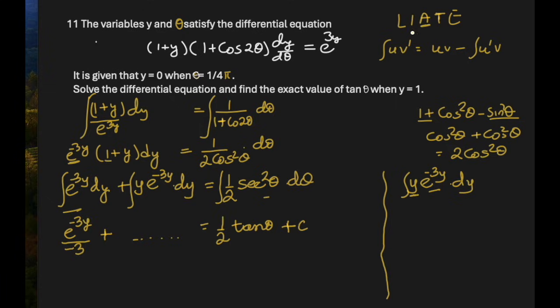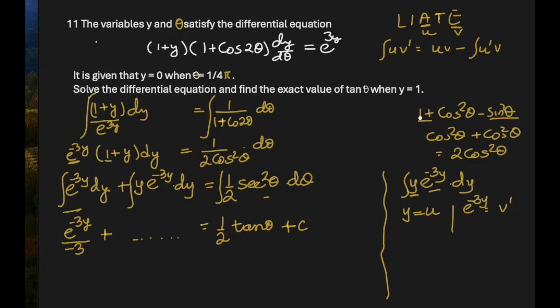So this is algebraic, which is y, which will become u, and the exponential will be v prime. So y is our u, and e to the power minus 3y is our v prime. This is how we will decide here.